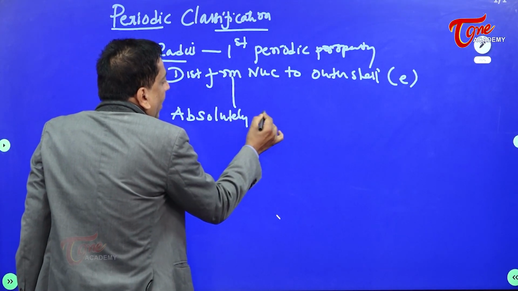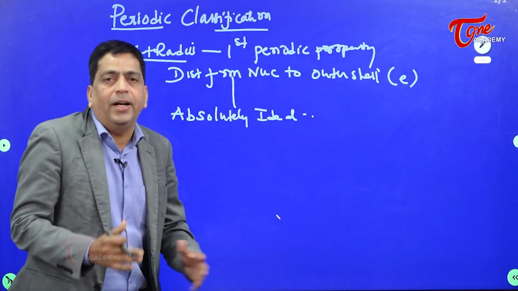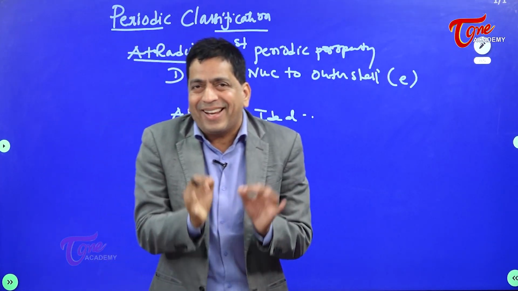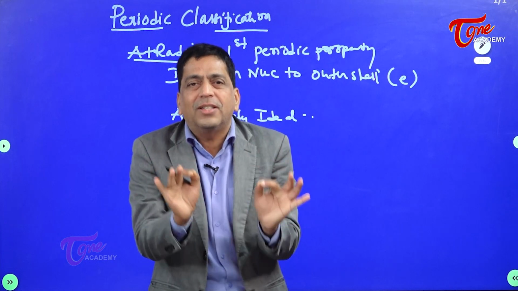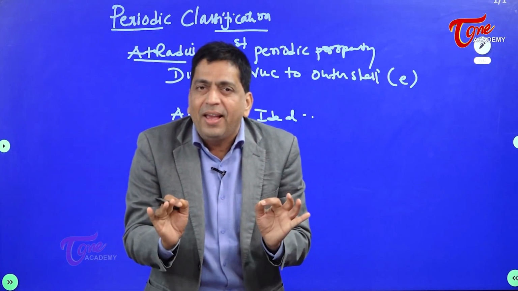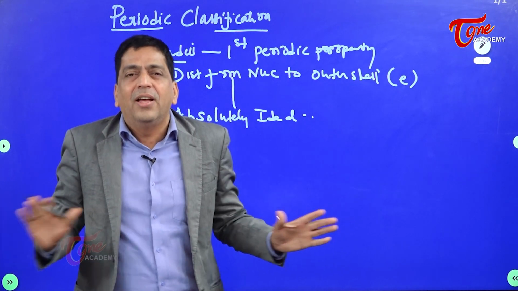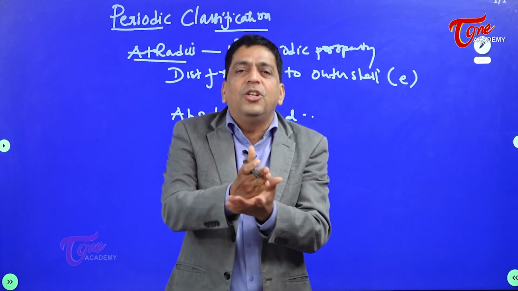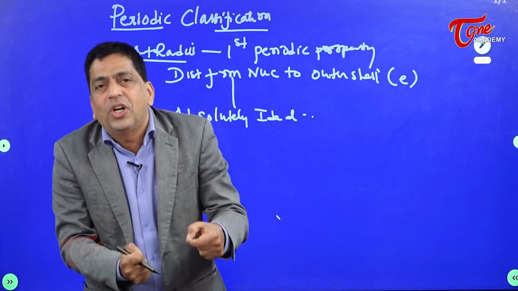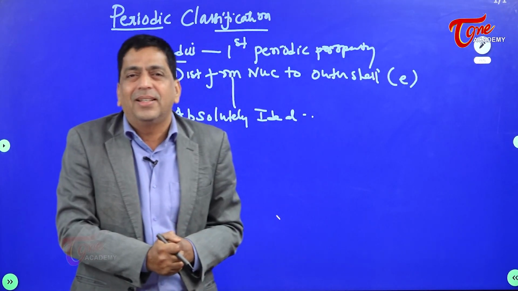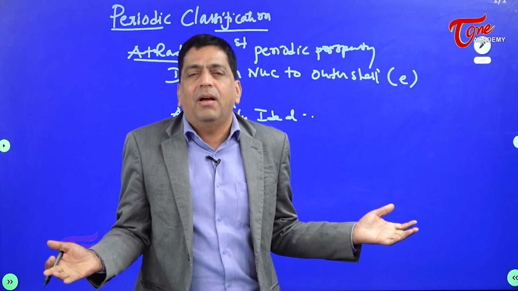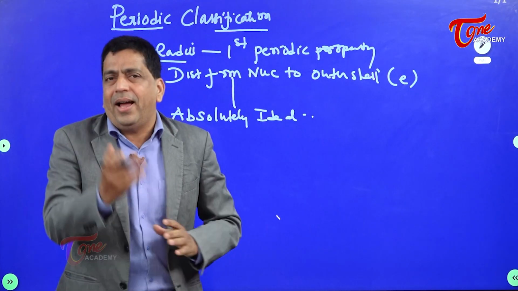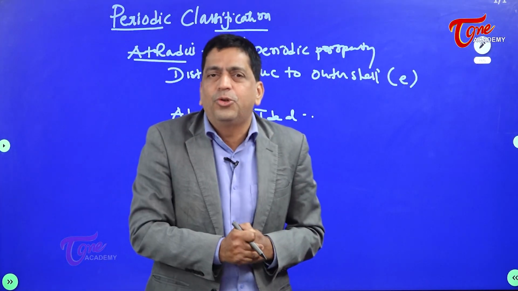Absolutely ideal. So if you wanted the correct measurement of atomic radii, there is absolutely no other way. You have to catch hold of the atom, cut it into 2 pieces from the nucleus, take a scale and measure. Then only you will get the correct measurement, absolutely 100% without any error.